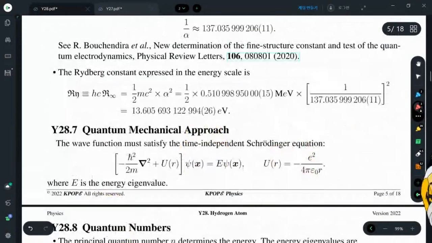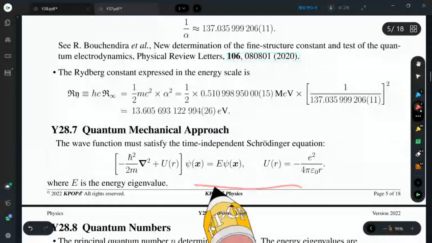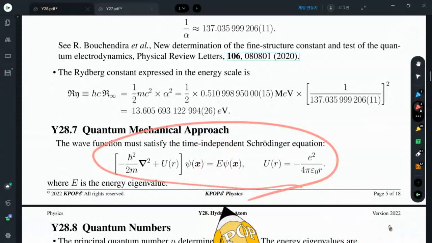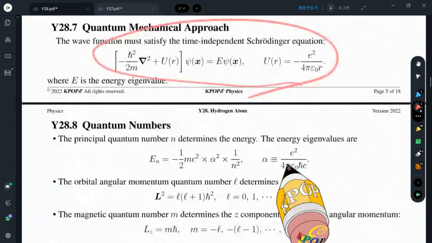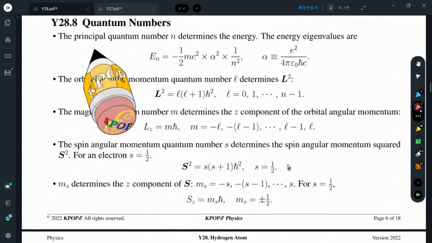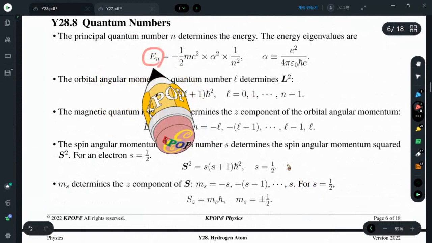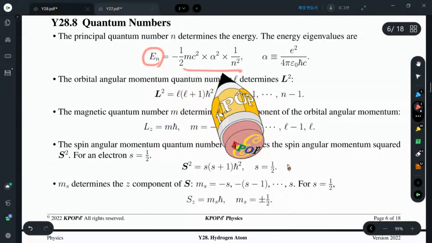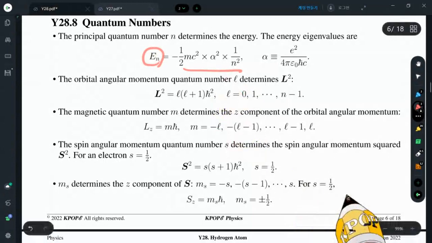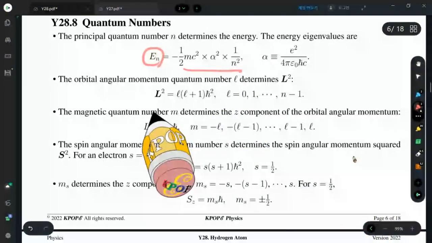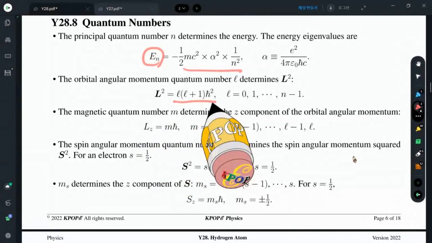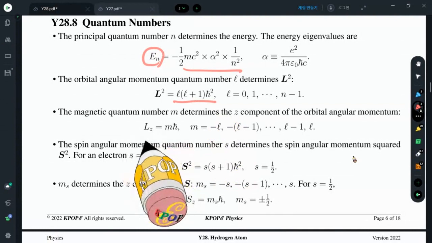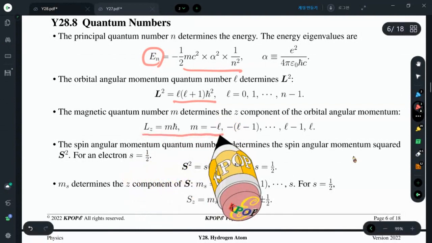One must solve the Schrödinger equation, and Wolfgang Pauli was the first one who solved this equation. His solution gives the energy, which is the same as what Bohr calculated. The orbital angular momentum squared is different from what Bohr postulated. There is also the z component of orbital angular momentum.